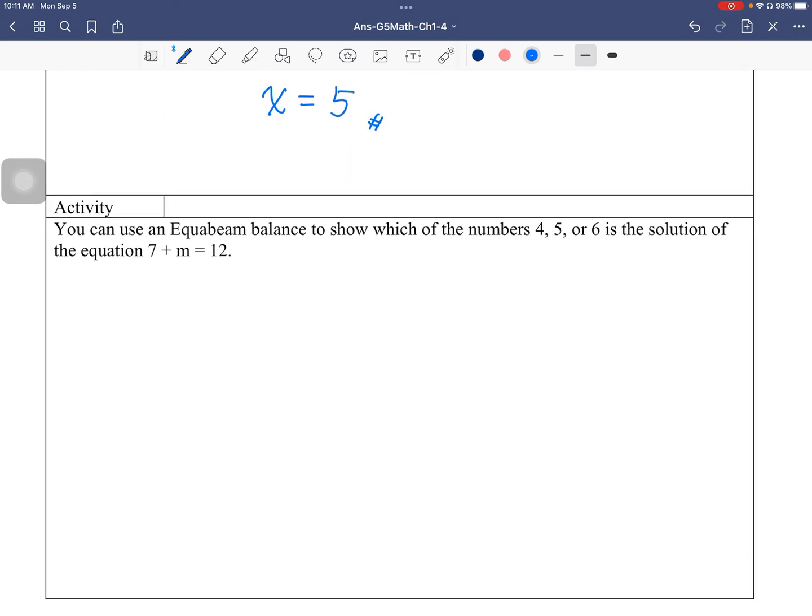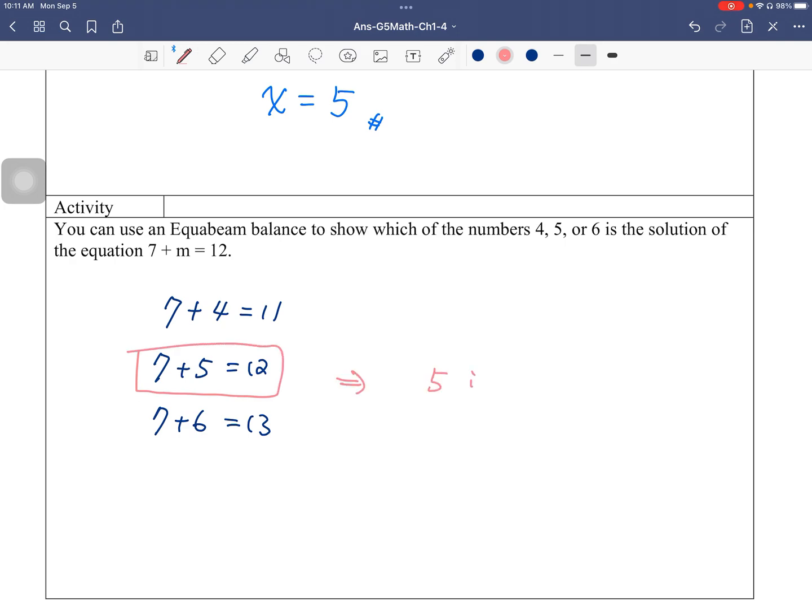Now here's the activity where we try to use the equilibrium balance. We want to see if 4, 5, or 6 is the solution of the equation. So 7 plus 4 is 11, 7 plus 5 is 12, 7 plus 6 is 13, and then we know this equation makes sense.